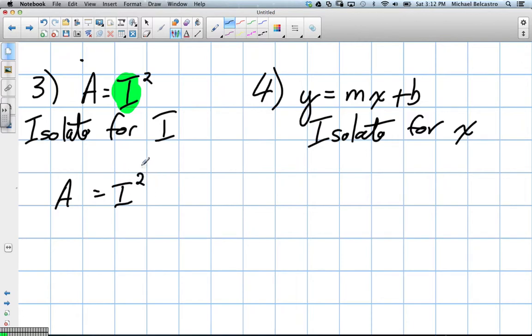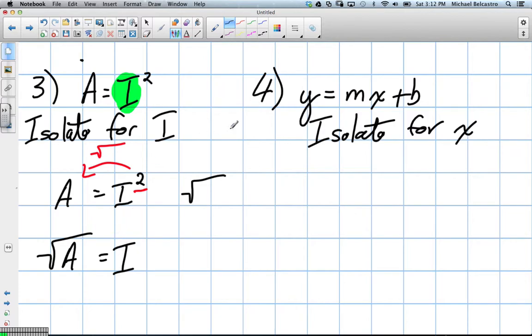The opposite of a power is called a root. So in order to move this 2 to the other side, we need to use a square root on the other side. That leaves us with the square root of A is equal to I. We've isolated I there. Does that one make sense?